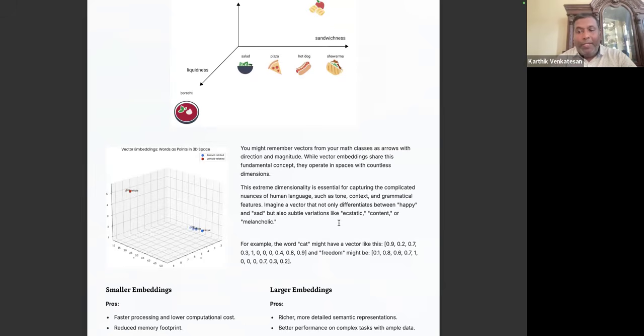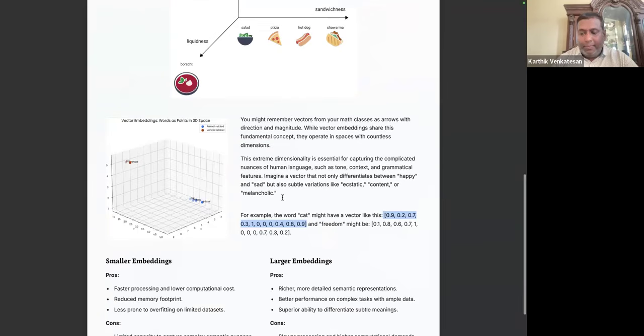And this is basically how the vectors preserve the nuanced details about a particular word. Whether the word is sad or happy, all those nuances are represented in multiple dimensions in the vector.